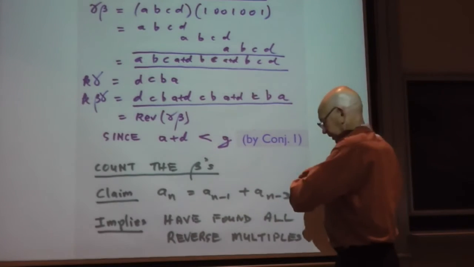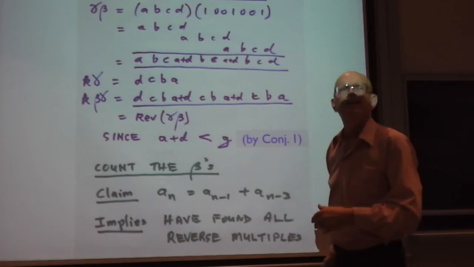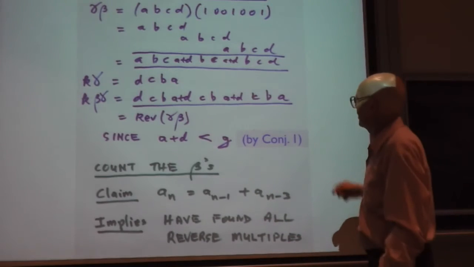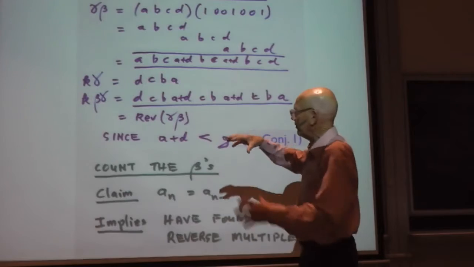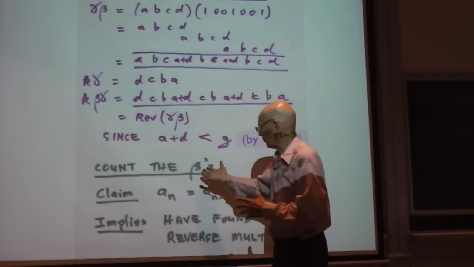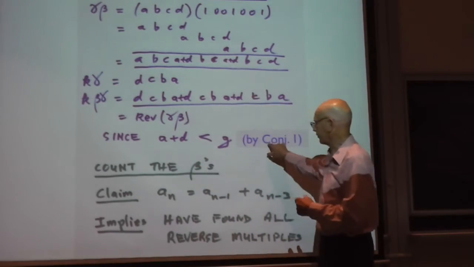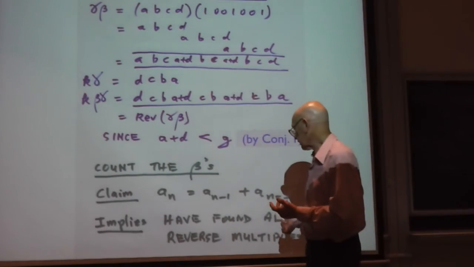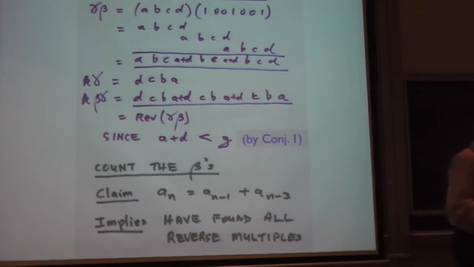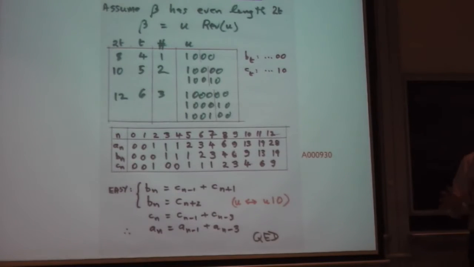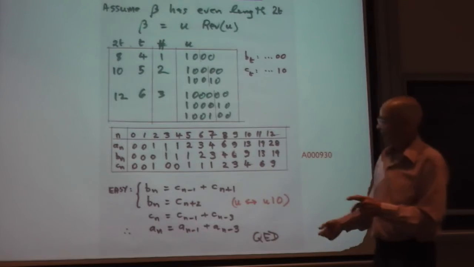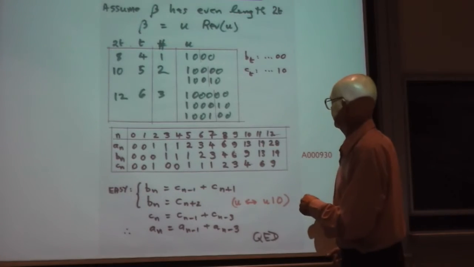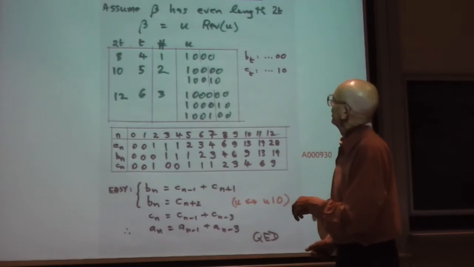And so now we have a large collection of reverse multiples by this argument, assuming the conjecture is true. Now we can enumerate them, and it's not difficult to show that we get the same generating function. I'll skip that.